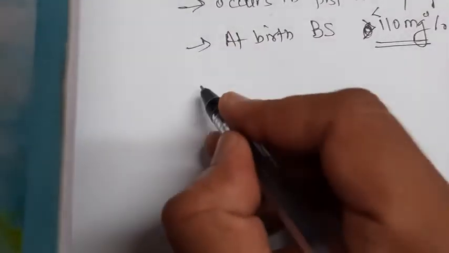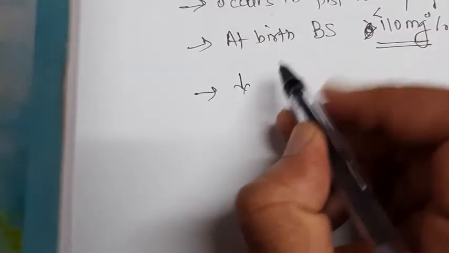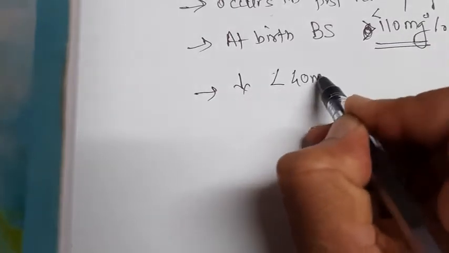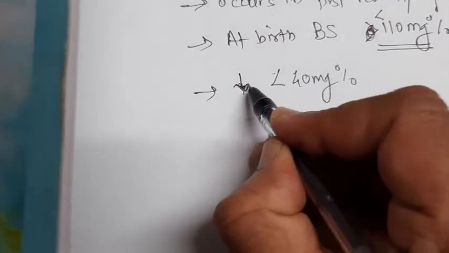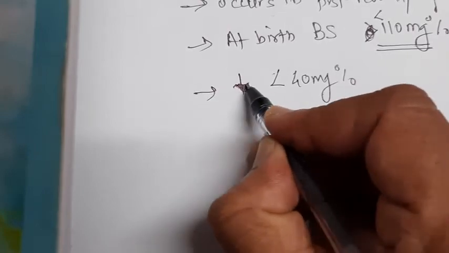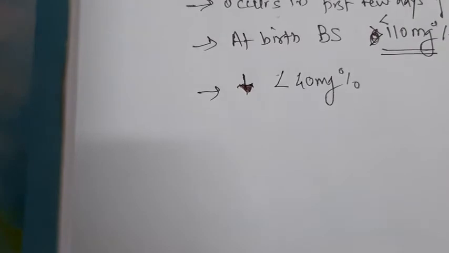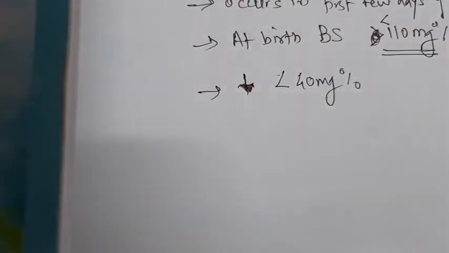The blood sugar level will come down to less than 40 milligram percent. This may occur in the first few days of life after birth in baby pig. So the baby pigs are more susceptible to this particular condition.